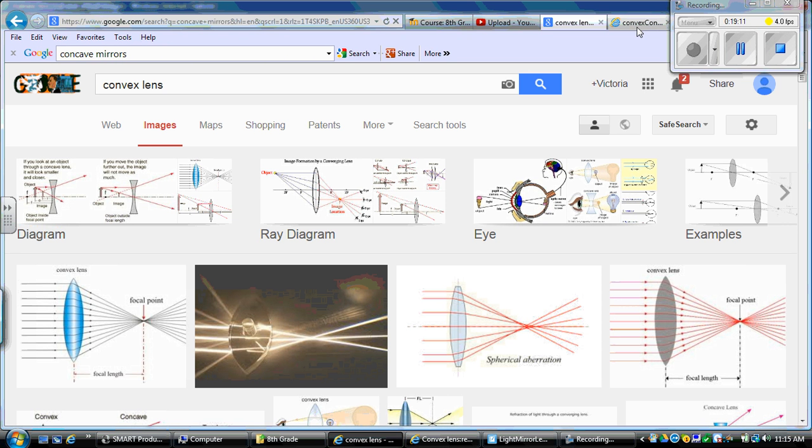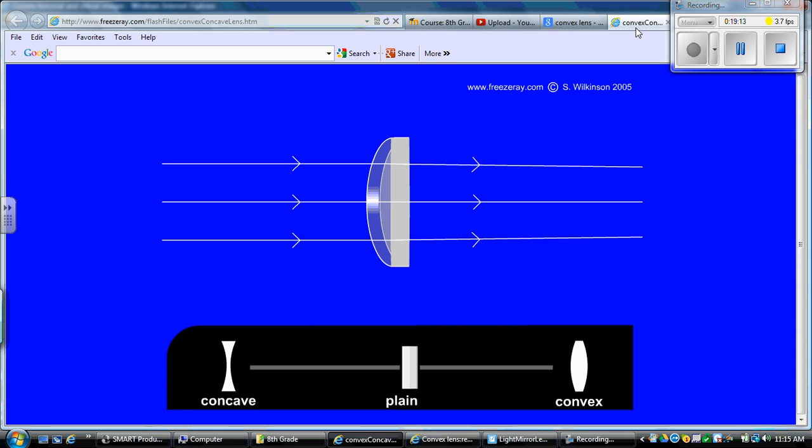So this is a lens, and there's two types. There's your convex and your concave. Obviously the convex curves out, the concave curves in, just similar to your mirrors. Now, on a plane lens, you're going to see just the same type as you would a plane mirror.